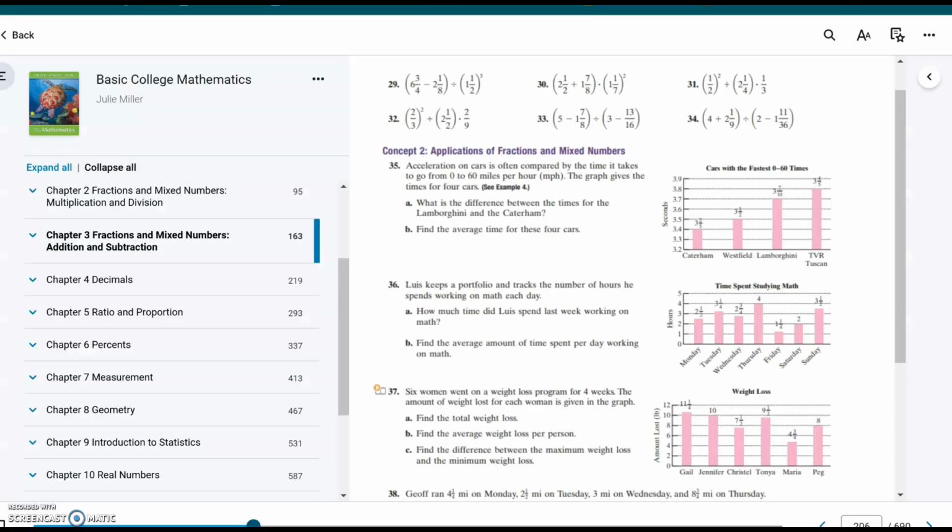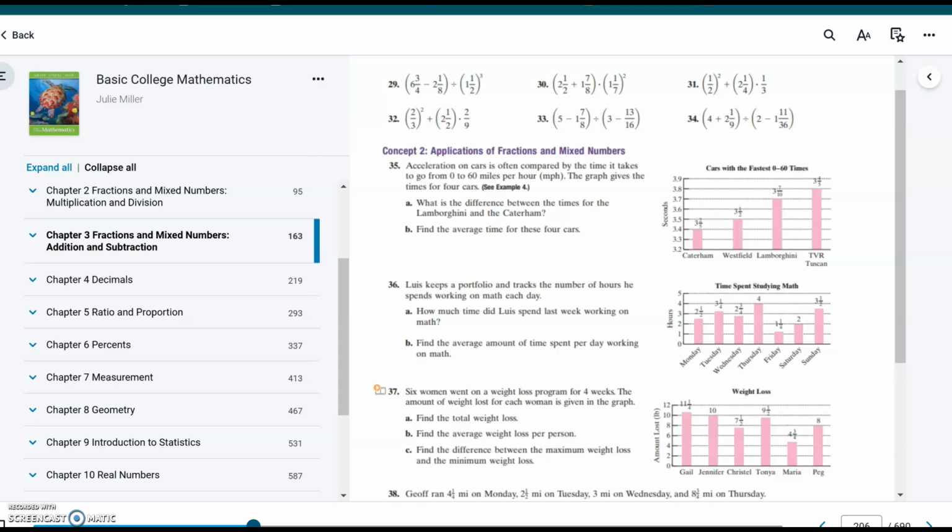So here is the problem. Problem number 36. We have a graph on the right side. So we're looking at problem 36. The graph on the right shows the number of hours he studied every single day of the week.